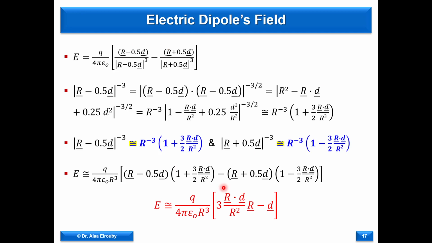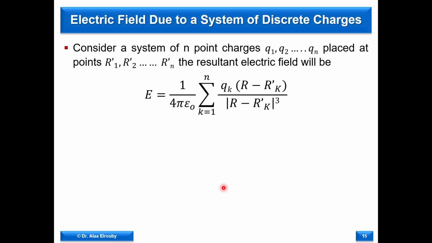If we have multiple point charges, the electric field at any point equals the electric field because of the first charge plus the electric field because of the second charge. The electric field equals this summation.